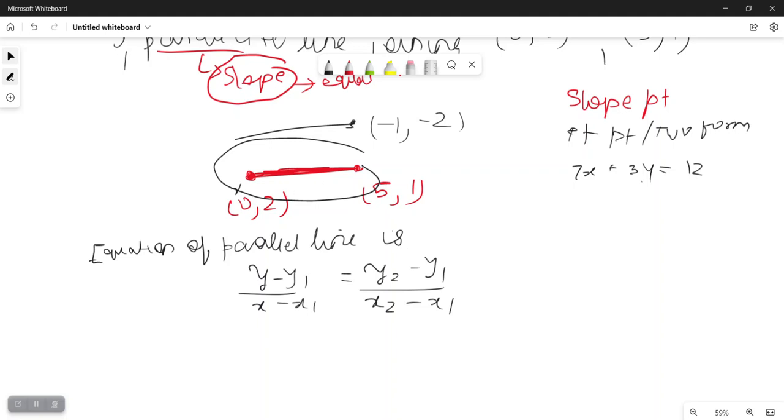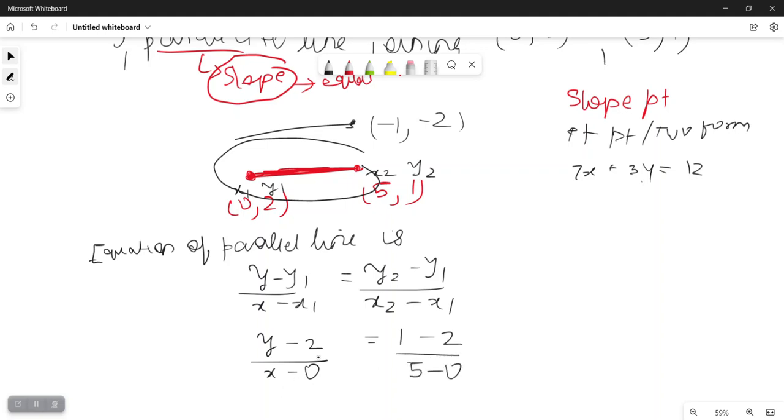So call this x1, call this y1, call this x2, call this y2, because these are the 2 points through which the line passes. Now just substitute: y minus 2 upon x minus 0. What is y2? 1 minus 2 upon 5 minus 0.